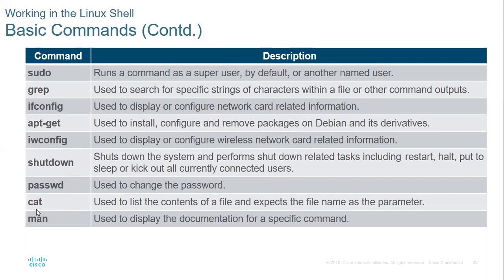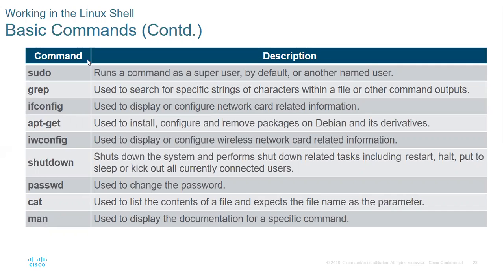The cat command, we use the cat command to list the contents of a file. Man command, this is a very, very important command. It is used to know a lot about a particular command.